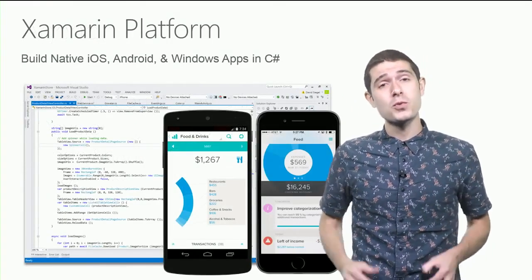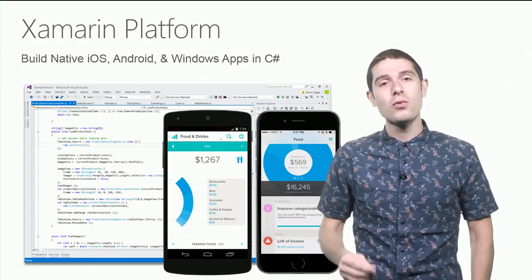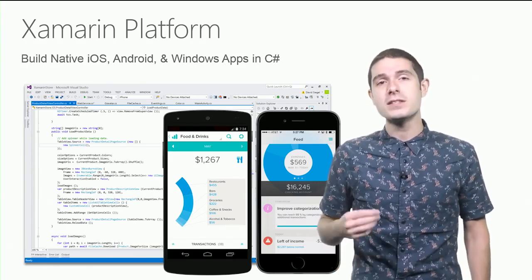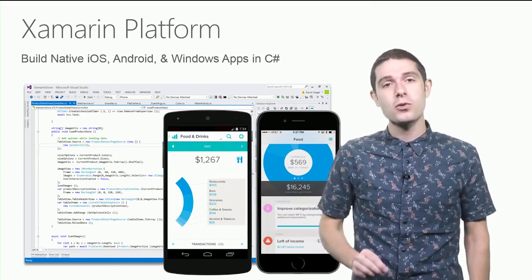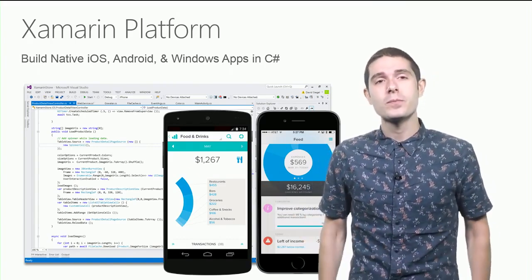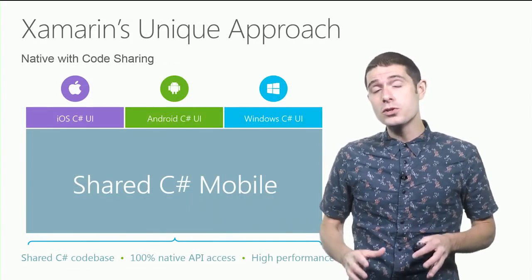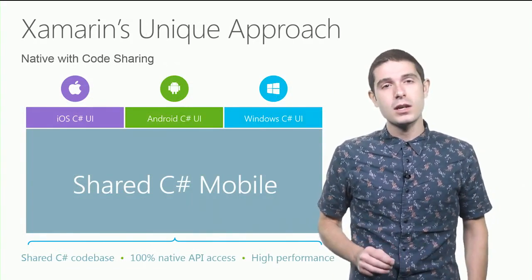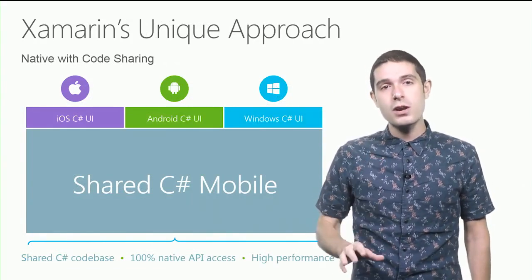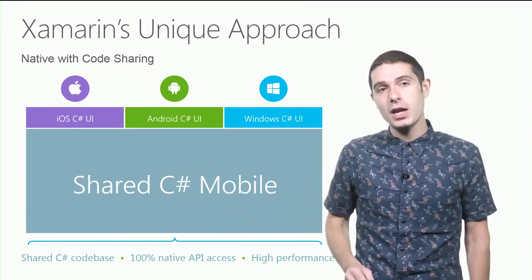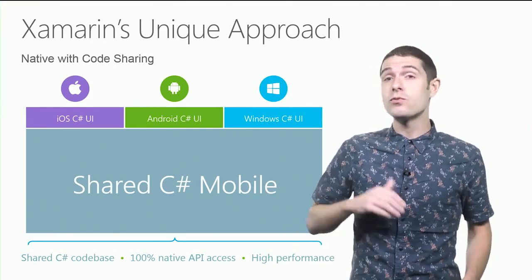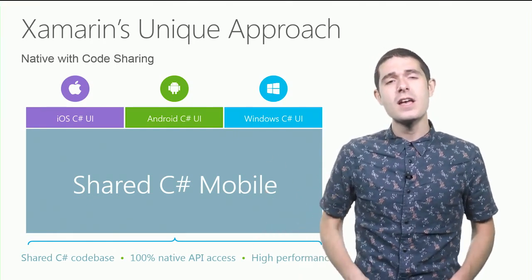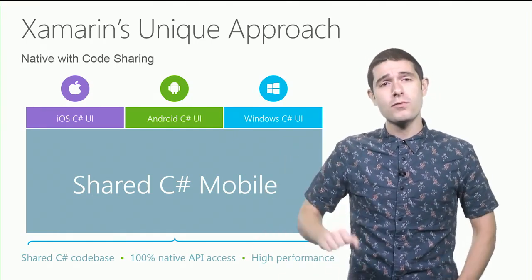Now the Xamarin platform is what you'll be using to build and craft beautiful native iOS, Android, and Windows applications and sharing code across all those great platforms inside of Visual Studio. Now, our approach to mobile development is extremely unique. We enable you to build a shared C# backend for your mobile applications, all your business logic, models, view models, RESTful service calls, SQL databases, things that are common across all the platforms.